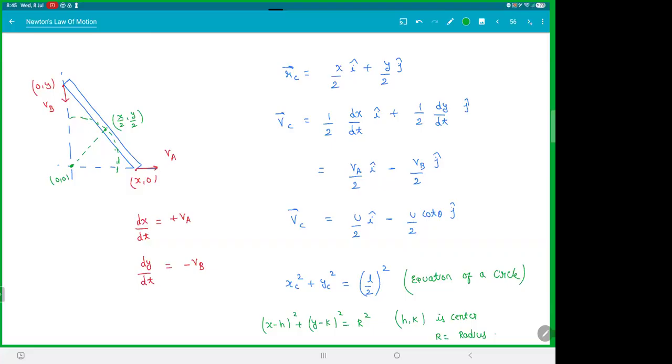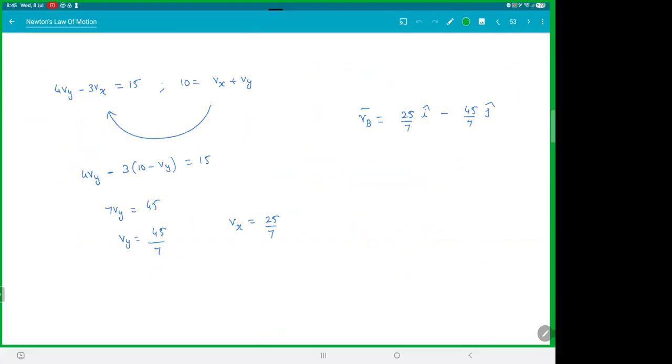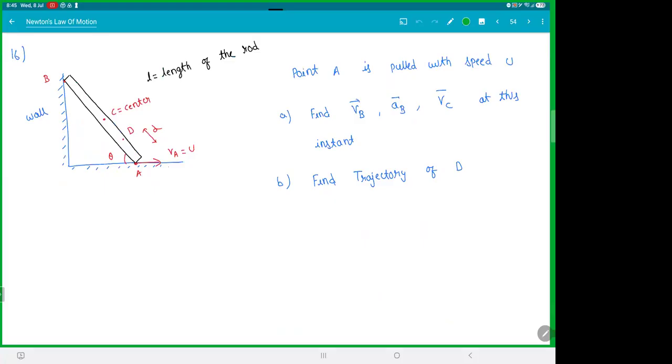Now I'm asking you the trajectory for point D. D is at a distance of small d from the point A. How does this point go? A is going in a straight line, B is going in a straight line, C is going in a circle. How does D go?